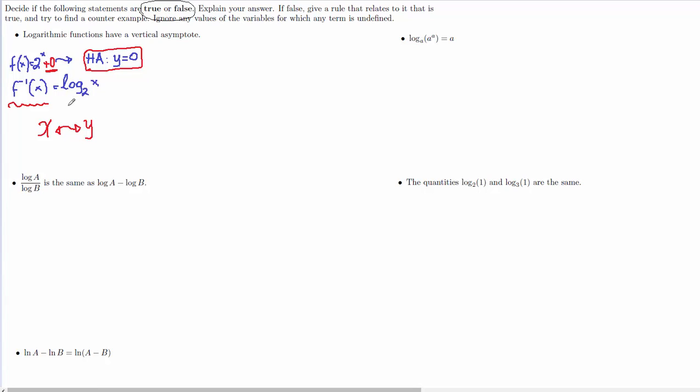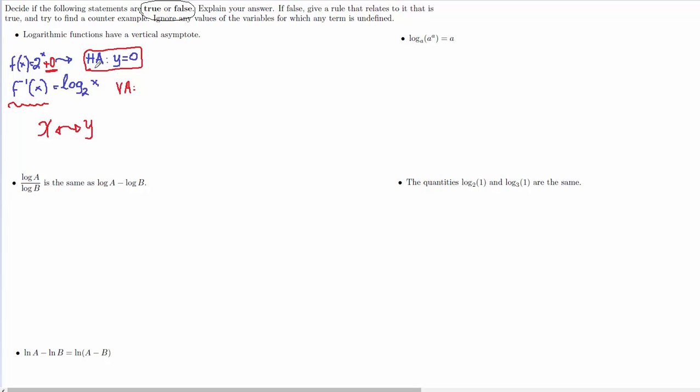This is what we do. We take the table and we invert the points in order to graph them, correct?